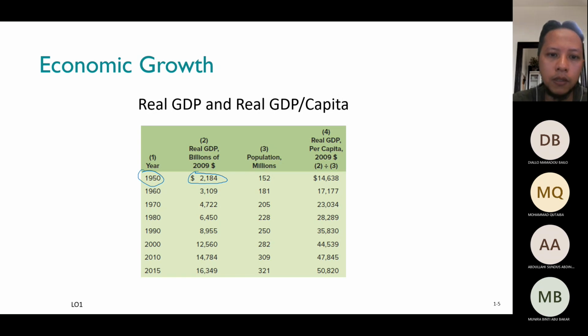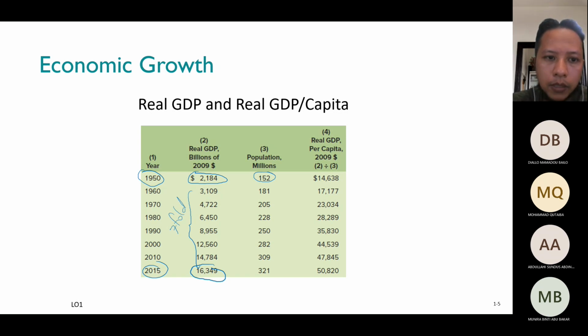However, the population is 152 million. Okay. And in 2015, you have GDP of 16 trillion. Okay, so I don't know, this is, yeah, sevenfold, they say, increased by sevenfold.